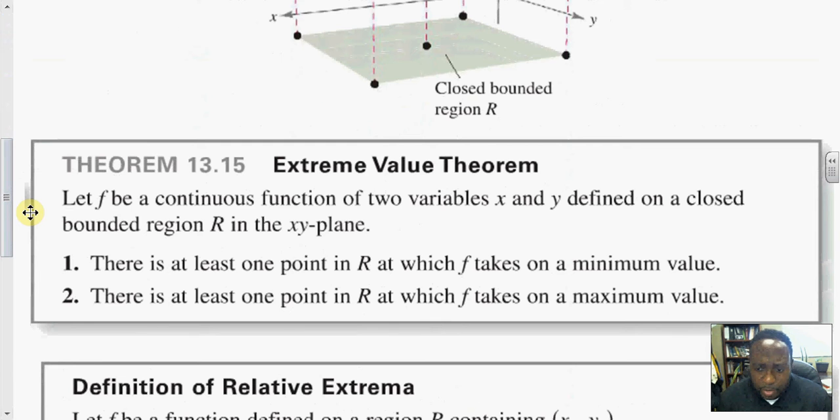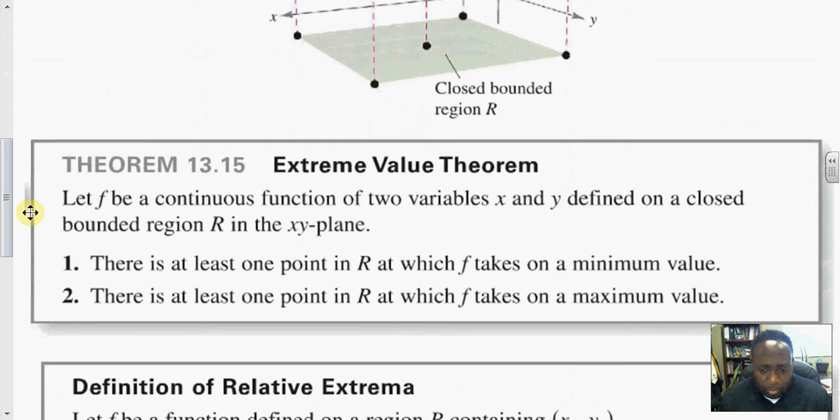The extreme value theorem says that if a function f is continuous, here two variables, though that could be extended, by the way, defined on some closed, that's the key, closed bounded region R in the xy plane, then there is at least one point in the region R at which f achieves, according to the original theorem, an extrema.